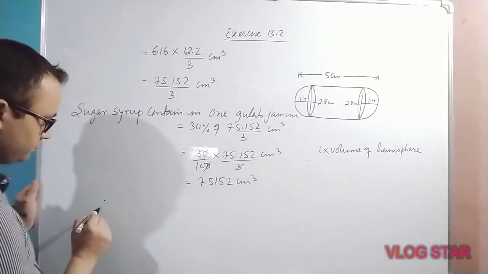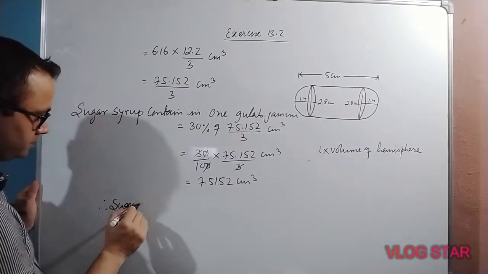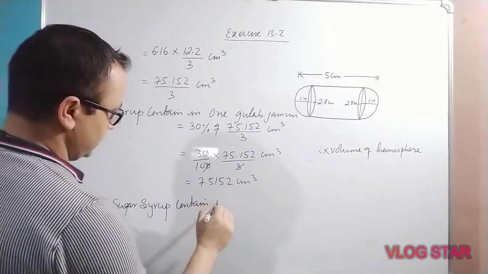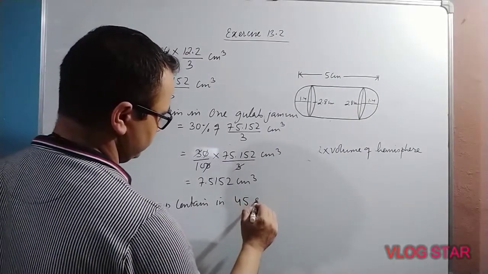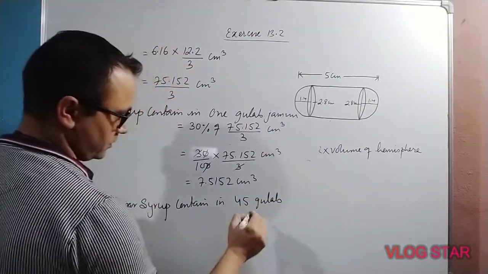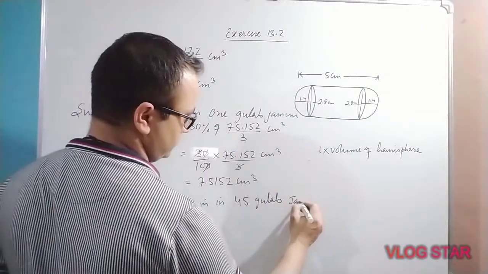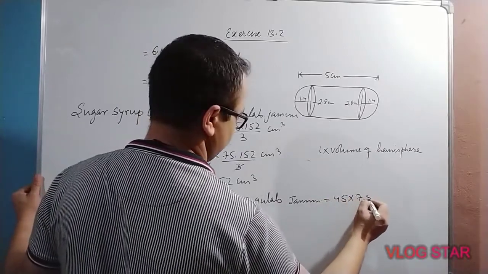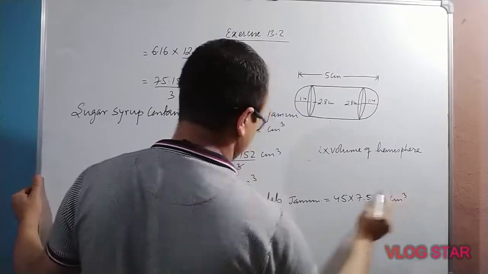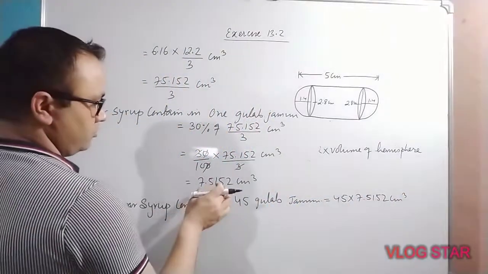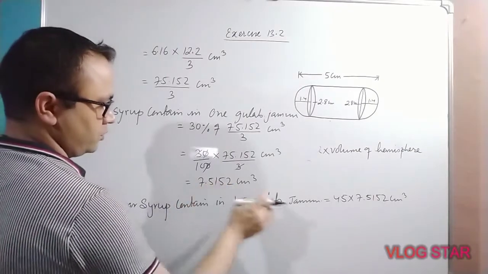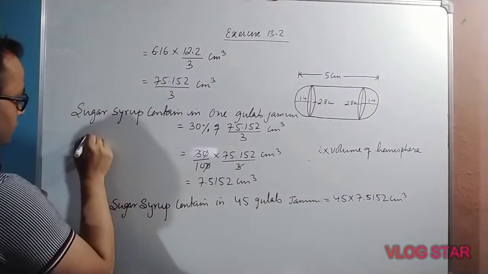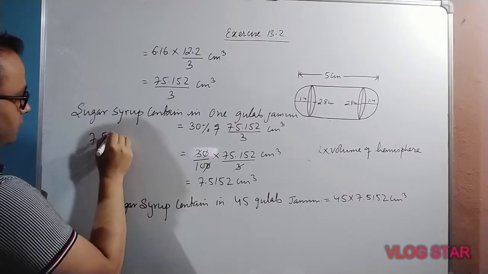Therefore, sugar syrup contained in 45 gulab jamun equals 45 into 7.5152 centimeter cube, because in one gulab jamun the volume of sugar syrup is 7.5152. So 45 gulab jamun is 45 into 7.5152.